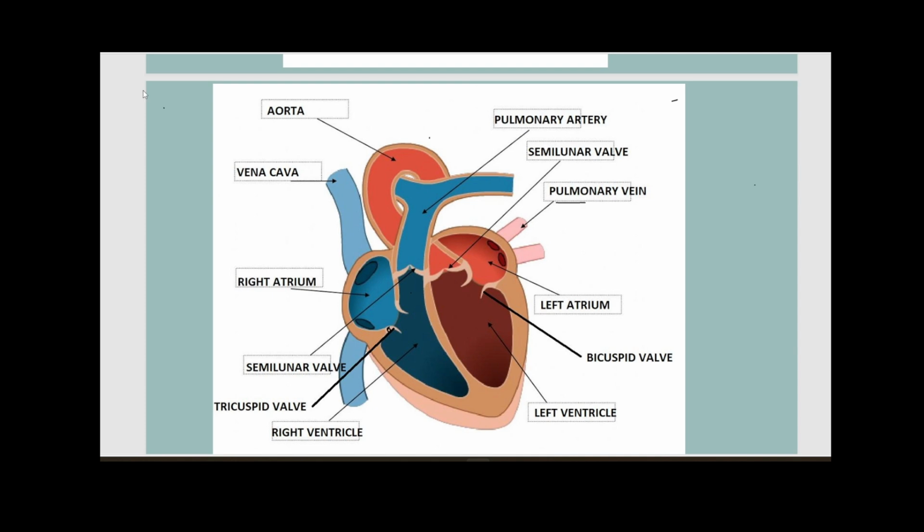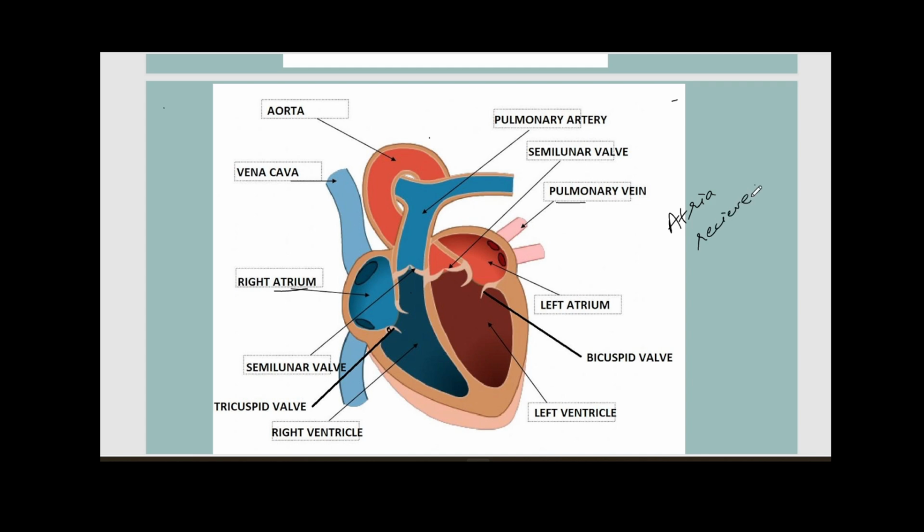Okay, so before we start discussing the cardiac cycle, we need to understand the pressure generated in the atria and the ventricles, which is related to the muscle thickness of the atria and ventricles. I already told you that atria are the receiving chambers, right?